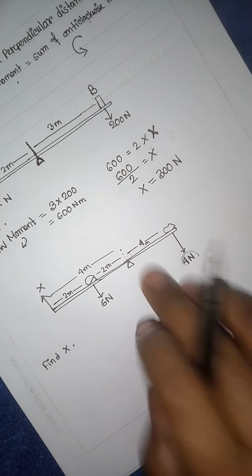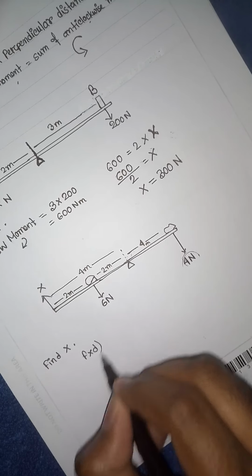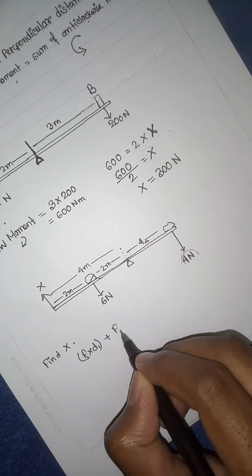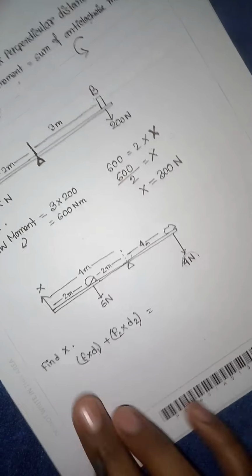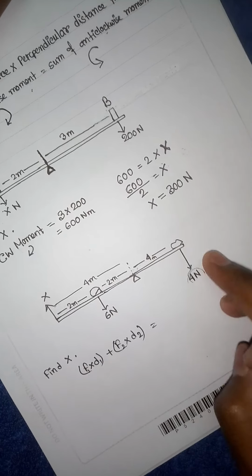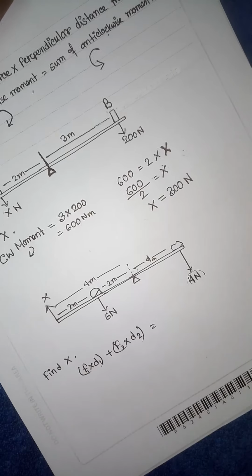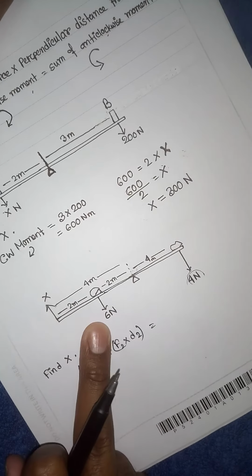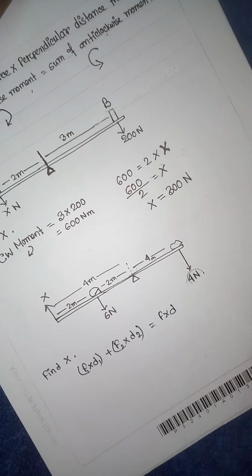Okay, now let's see the clockwise first. That means force into distance, that is F times D plus F1 D1 equals F2 multiplied by D2. This is force 1, distance 1, and this is force 2, distance 2. Here only one force is acting at a distance of 2 meters, so you write only force into distance.